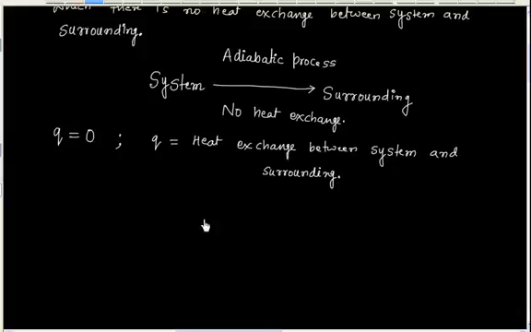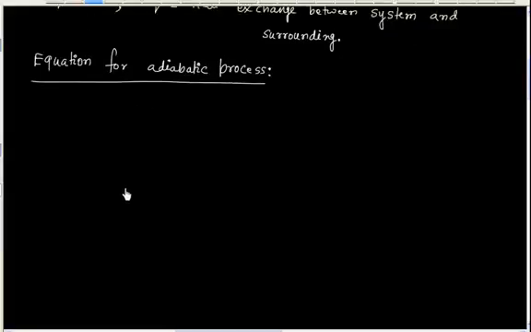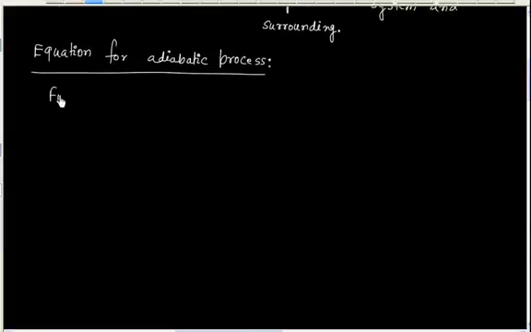Now we are interested to find the equation for adiabatic process. So what is the equation for adiabatic process? This can be done by using the first law of thermodynamics. So what is the first law of thermodynamics?